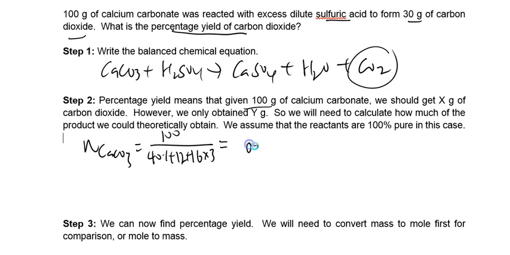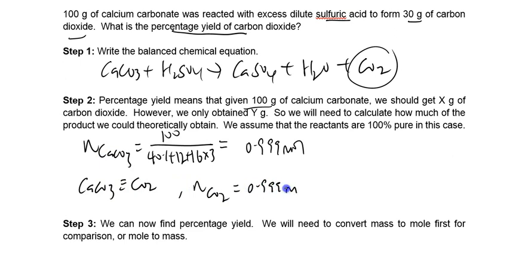I will have 0.999 moles of calcium carbonate. Okay, so based on the equation above, CaCO3 should give me CO2. 1 mole of CaCO3 should give me 1 mole of CO2, which means that my number of moles of CO2 formed should be 0.999 moles.